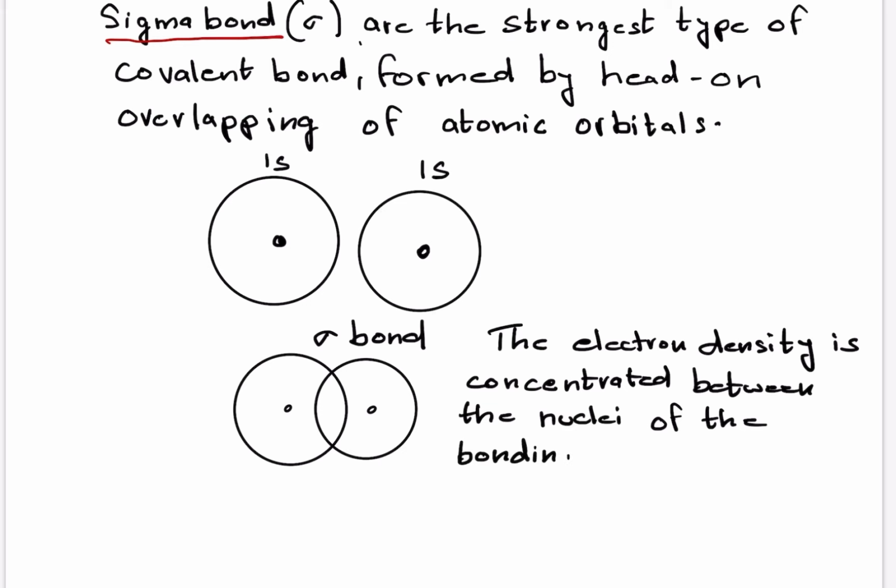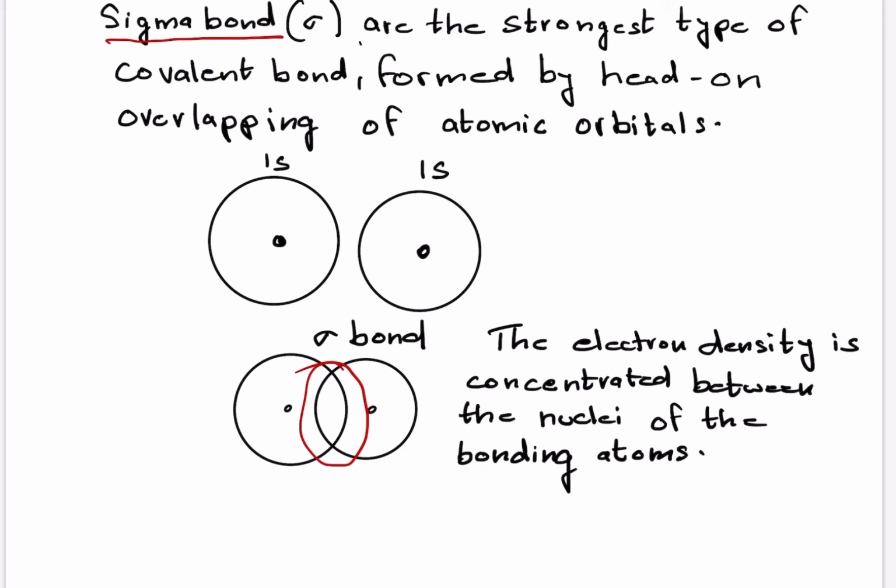So it says that the electron density is concentrated between the nuclei of the bonded atoms. So usually it is in between here, between the nuclei of the bonded atoms. So that's where the electron density is concentrated when two s orbitals combine. And how do they combine? They combine by head-on overlapping of atomic orbitals, and the electron density is concentrated between the nuclei of the bonding atoms.